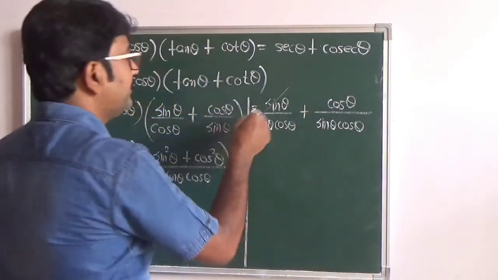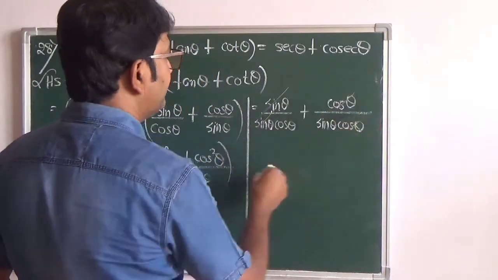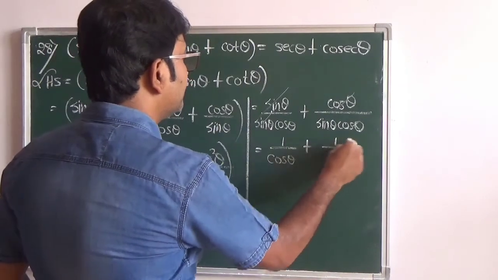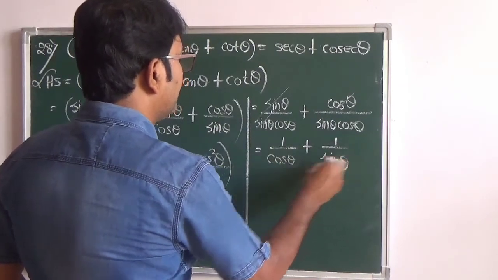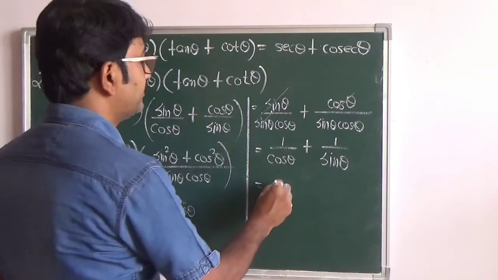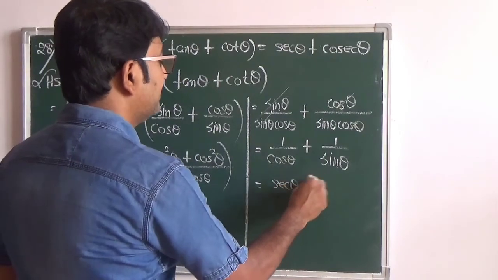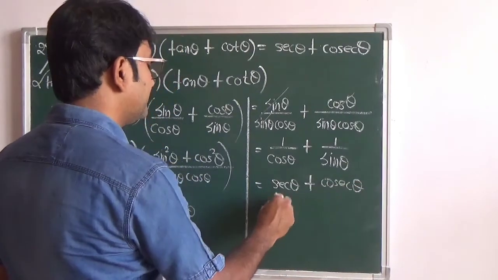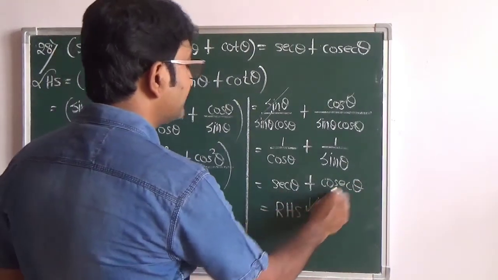So sin will be eliminated, and from here cos will be eliminated. We will be left with 1 by cos theta plus 1 by sin theta, and 1 by cos theta, the reciprocal ratio, gives the value sec theta, and 1 by sin theta gives us cosec theta, which is the value on the right hand side.